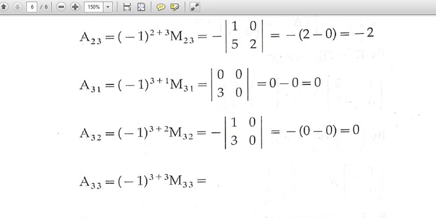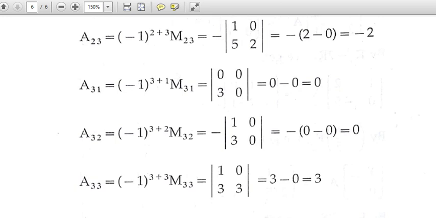For finding M33 we have to delete the third row and third column, and we get the determinant 1 0 3 3. The expansion of the determinant is 1 into 3 is 3, and 3 into 0 is 0, that is 3 minus 0, and the result is 3. So here we finish finding all the cofactors.